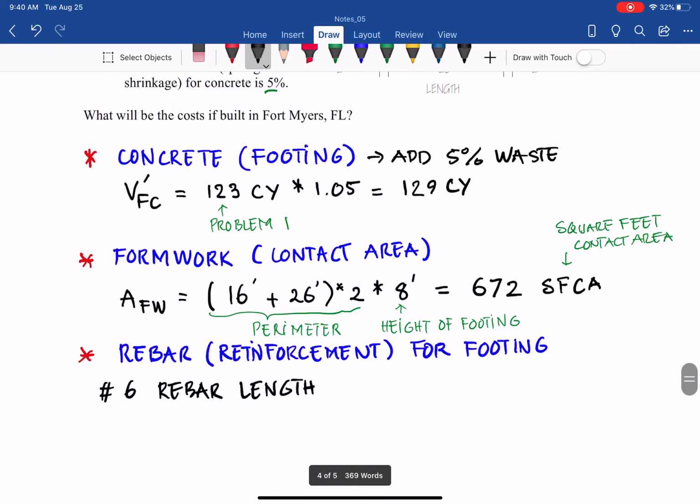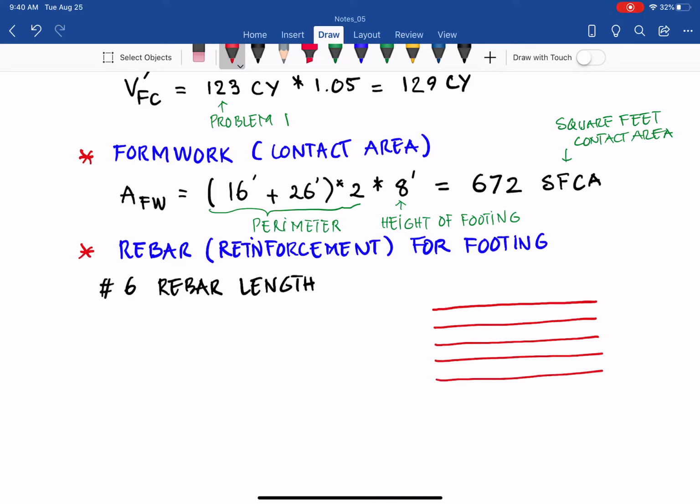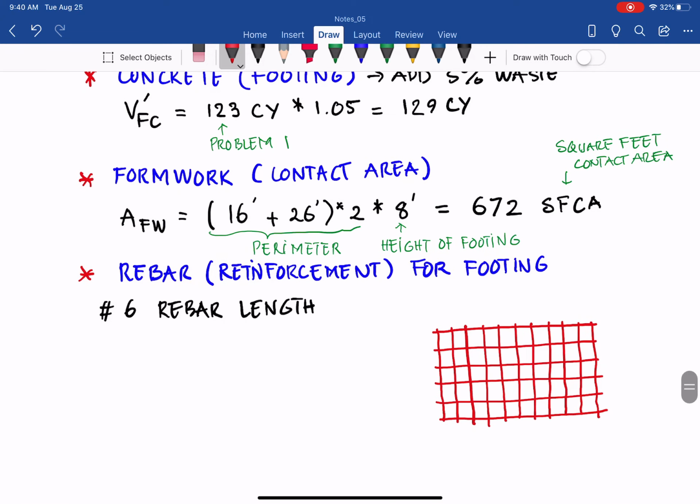So we have 2. Let me draw out that 2, just as a representative. By no means does it represent the actual numbers here. So one side, and the other side, we have 2.